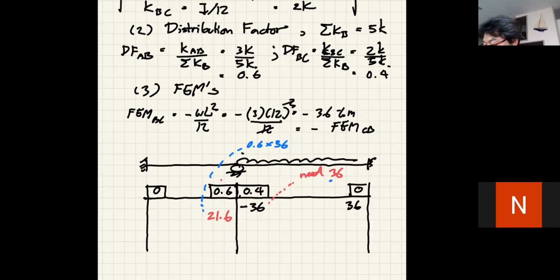So this is 14.4. Okay, and you again may take note that this number is 0.4 multiplied by 36. So you see, this is 0.6, this is 0.4. So in the end, it should add up and equal to 36 automatically. All right. And that is the end of the so-called first cycle of your balance. All right. So I can put an end to this.